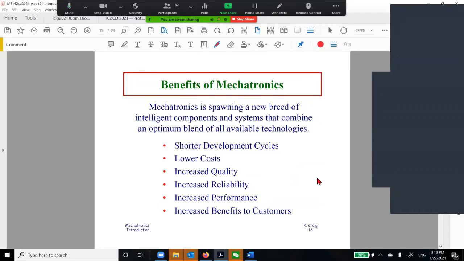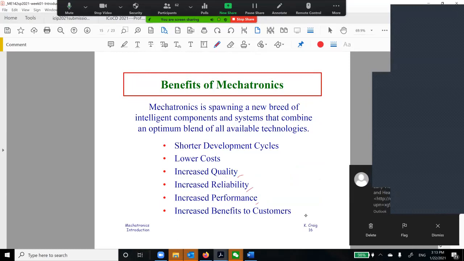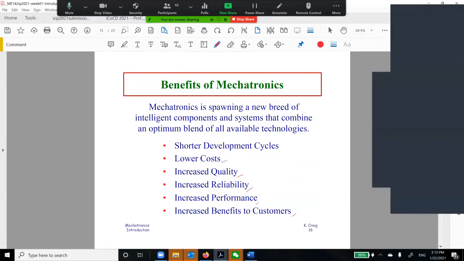So I think we talked about the mechatronics benefits, you name it. There is something interesting to talk about here: quality, reliability, performance. I think there's another important term they forgot.